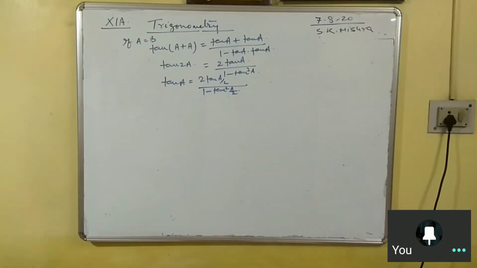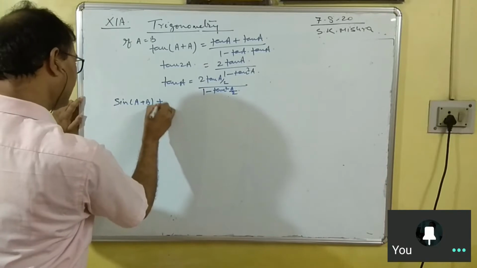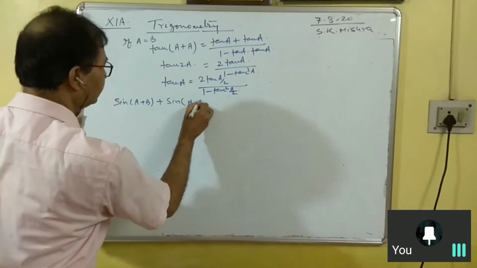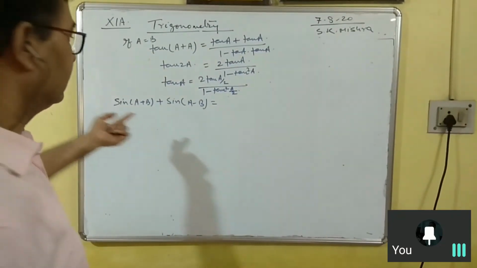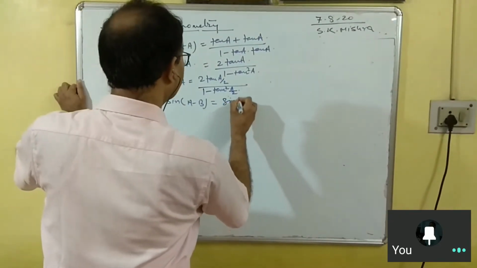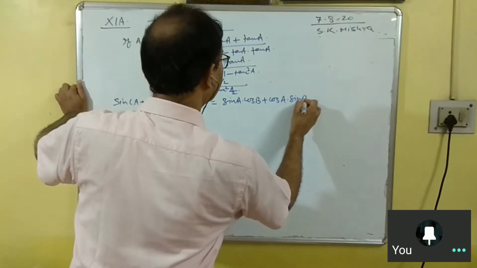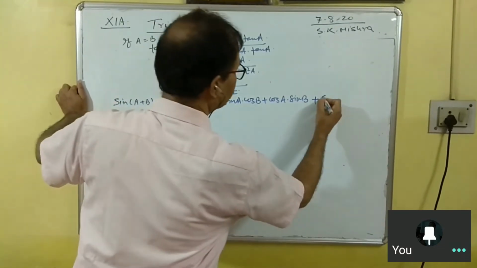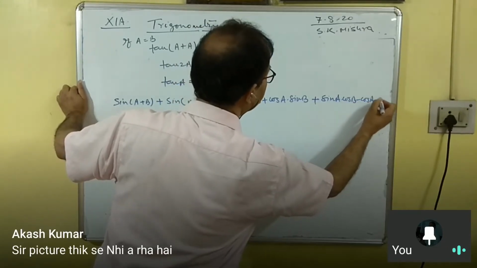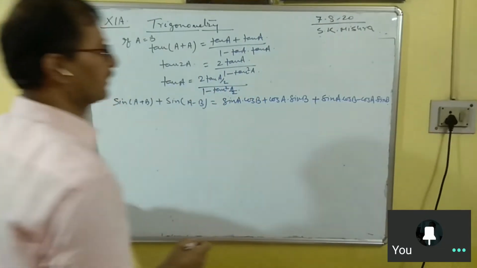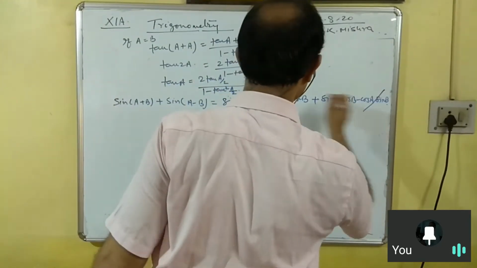Now if you write sin A plus B plus sin A minus B, the basic formula is you have to expand sin A plus B, which is sin A cos B plus cos A sin B, and then plus sin A minus B, which is sin A cos B minus cos A sin B. See the similar terms, cos A sin B with minus and plus, you can cancel them.